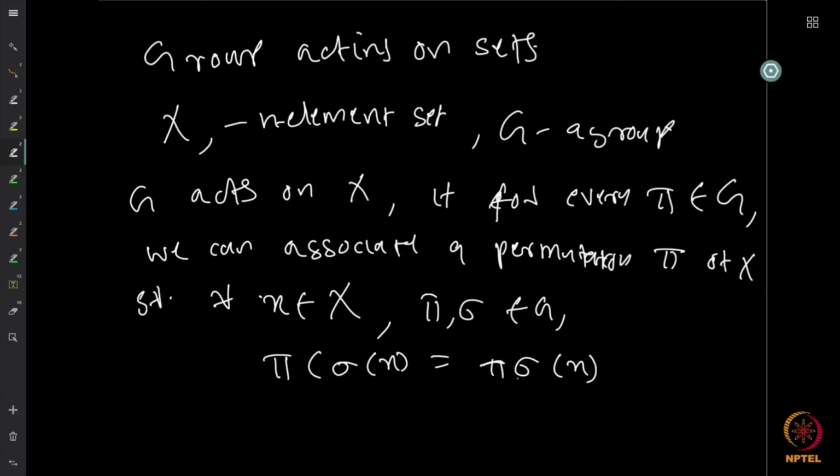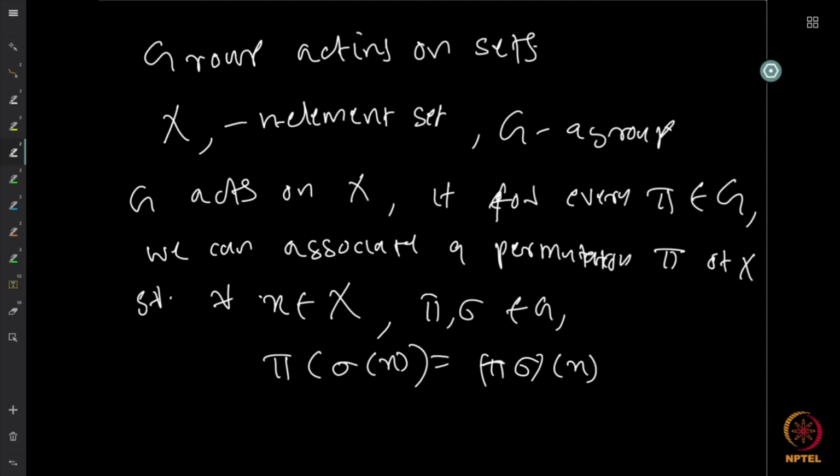It's a binary operation in the group. So pi sigma I get, and then pi sigma is an element of the group. So therefore it has a corresponding associated permutation, right? Every element has an associated permutation. So pi sigma is now an element which is also representing some permutation, right?